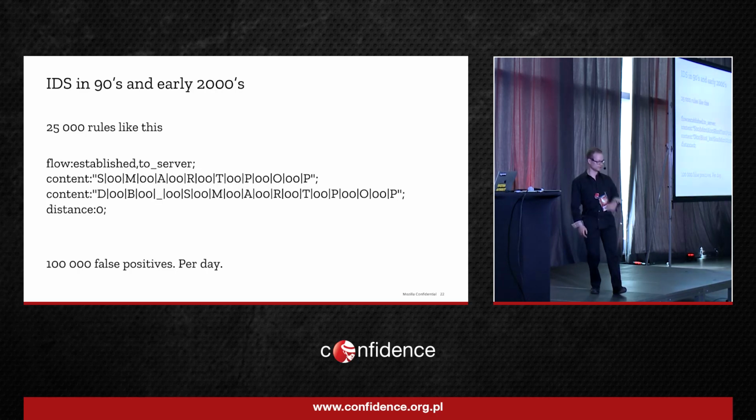When I deployed something similar, I had 100,000 false positives per day. I tuned it since then, but it shows that early intrusion detection systems were limited to consuming an insane amount of rules and matching traffic against them. If something matches, raise an alert.